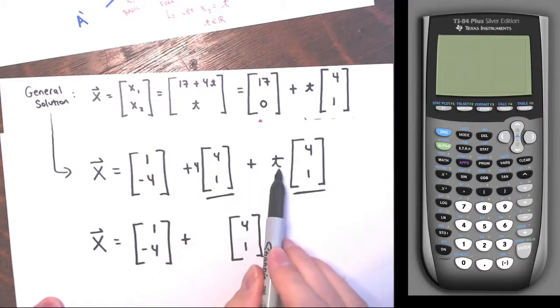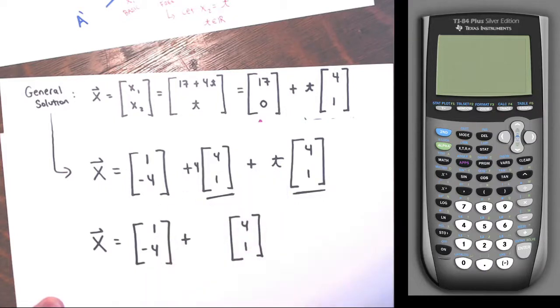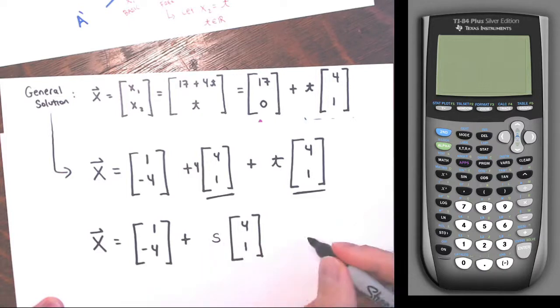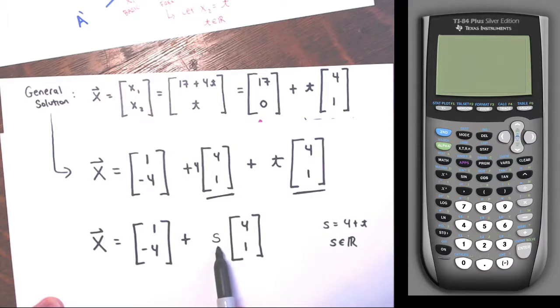So 4 plus t can be any real number I want. I'm going to call that s, where s equals 4 plus t. Or s can be any real number you wish. You just let t be anything you want. If you let t be 100, s is 104, right? So s is any real number, any scalar.